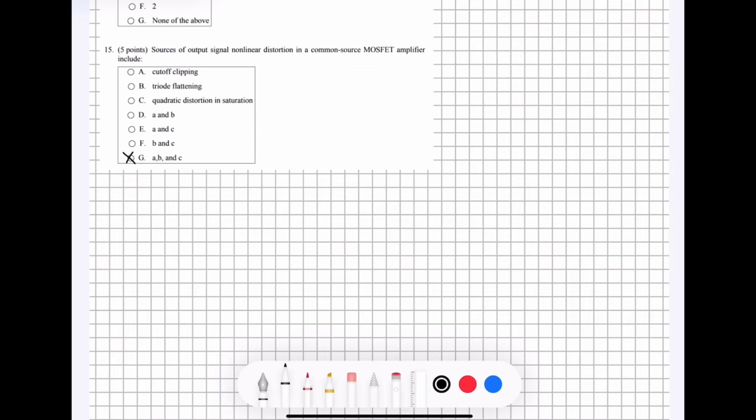So if you imagine you have a graph that shows the relationship in between the gate voltage and the drain voltage of a common source MOSFET amplifier, you're going to have a curve that looks something a little bit like this.